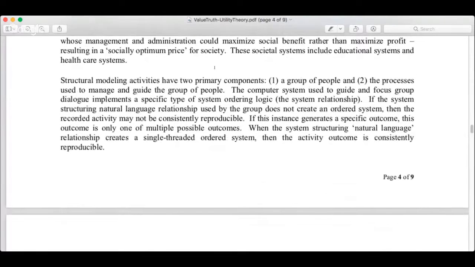And the natural language relationship that's used creates a single-threaded ordered system. This is what we call the global characteristic or the global attribute, the past. Which, if you have a single-threaded, totally ordered system, the outcome is consistently reproducible.